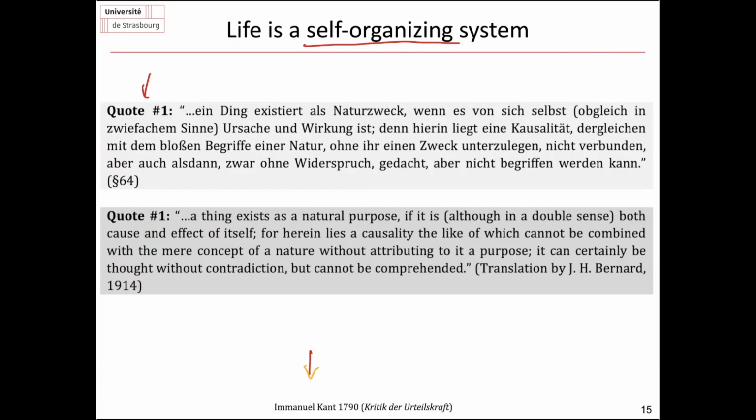So that is interesting, right? If we have a cause, usually we have an effect. But he says that you have cause and effect of itself. So he's implying that the effect also influences back the cause, right? So we can see there's already a feedback loop of information from the effect back to the cause.